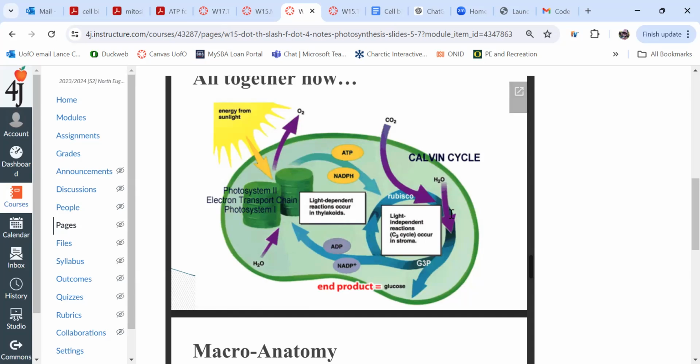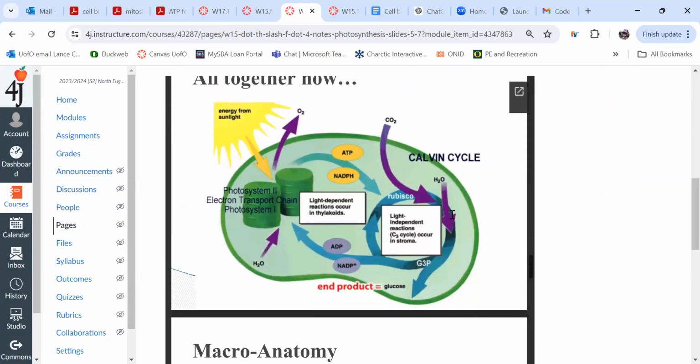Well, we see H2O coming in the carbon cycle. We see carbon dioxide coming in the carbon cycle. But for this light-dependent reaction, we don't see carbon dioxide coming in, but we do see water coming in. So maybe the reactants for the light-dependent reaction are water and sunlight.